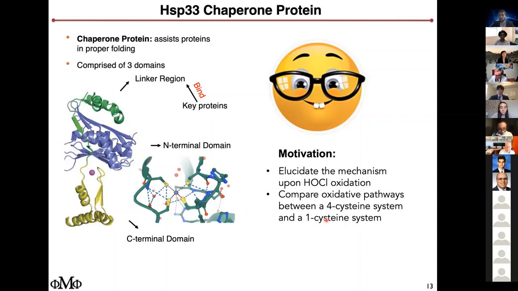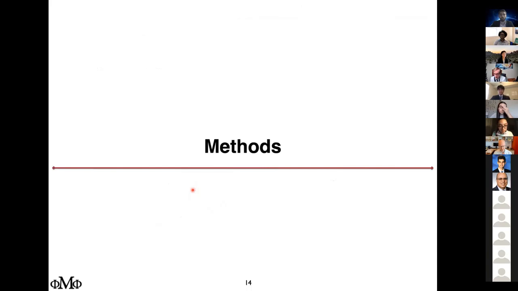Our collaborator from the past year, Lindsay Zumwalt, computed a similar mechanistic oxidation pathway with a zinc bound to 1 cysteine and 3 histidine residues. She was able to compute 2 different pathways, and I'll be comparing how the single pathway that I found compares to that. But how did I actually go about obtaining my reaction pathway?